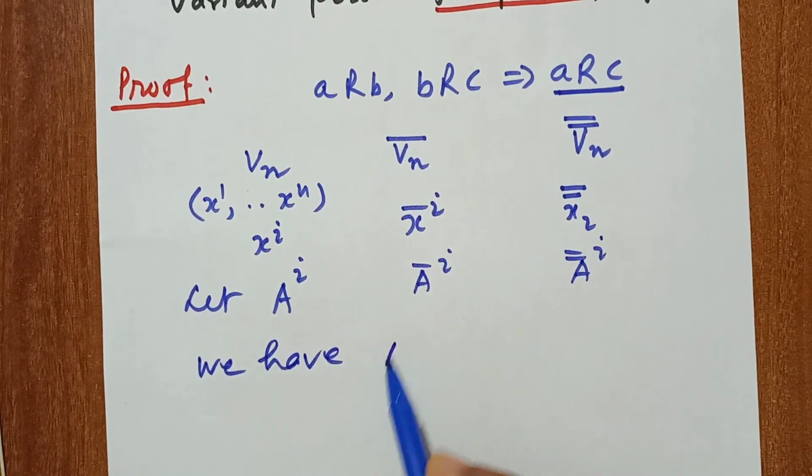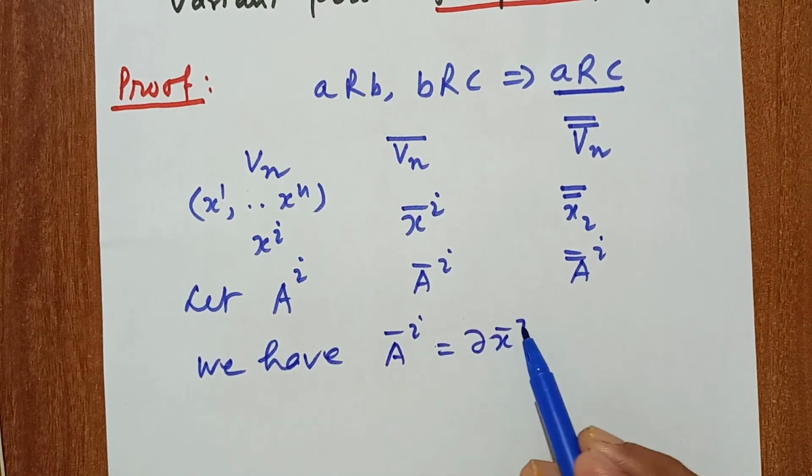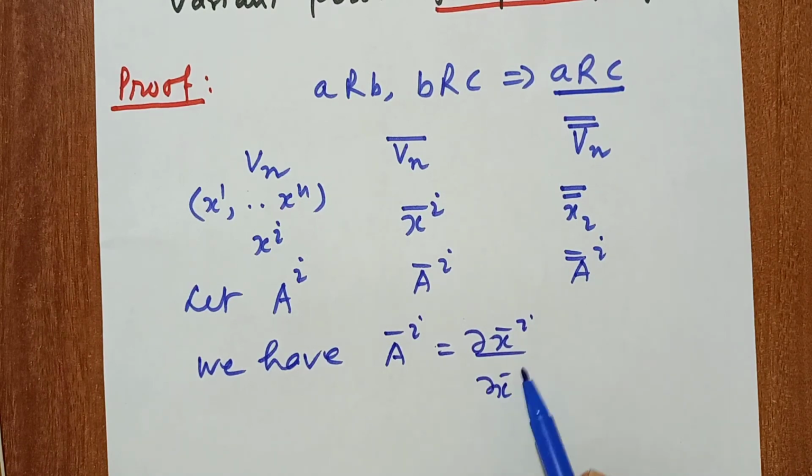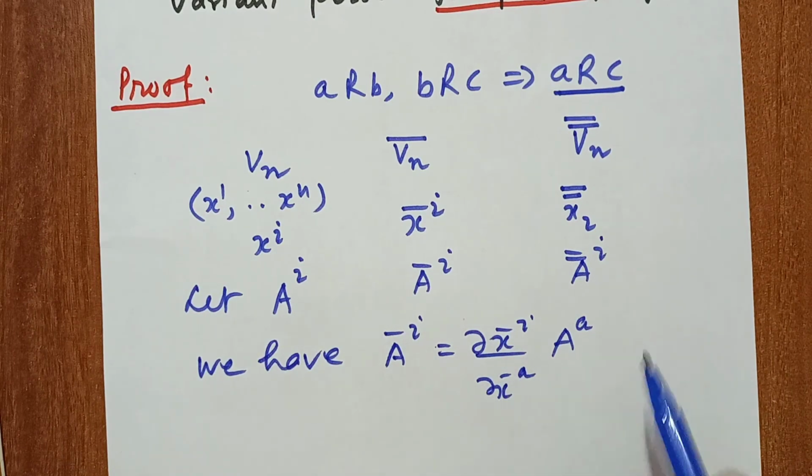We have āⁱ equal to ∂x̄ⁱ upon ∂xᵃ aᵃ, the transformation rule between Vn and Vn bar. So this is 1.